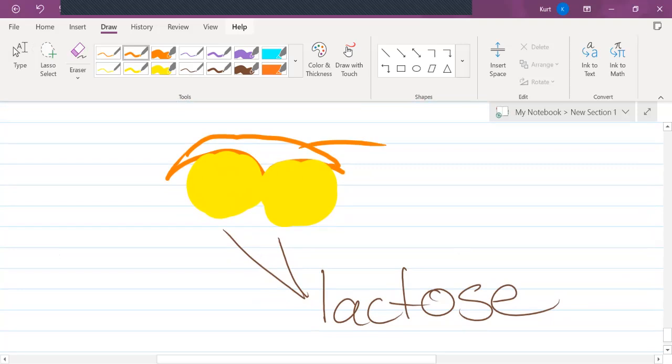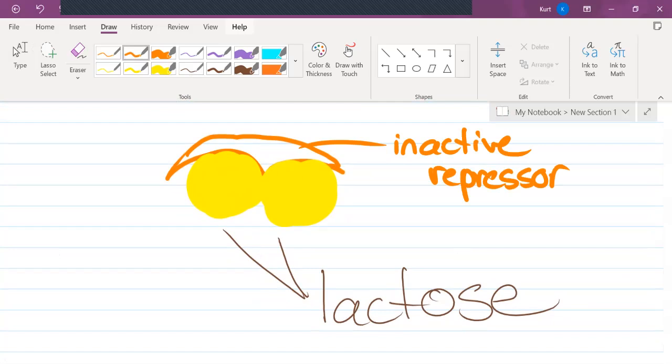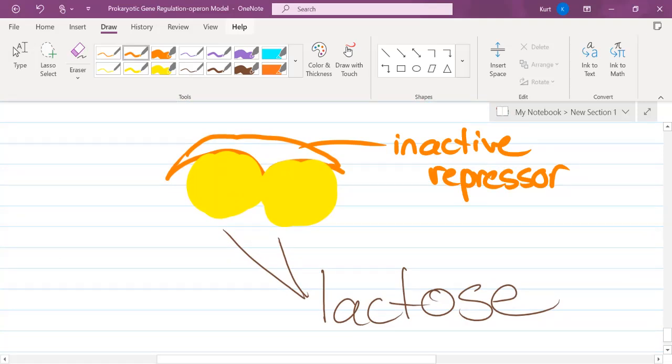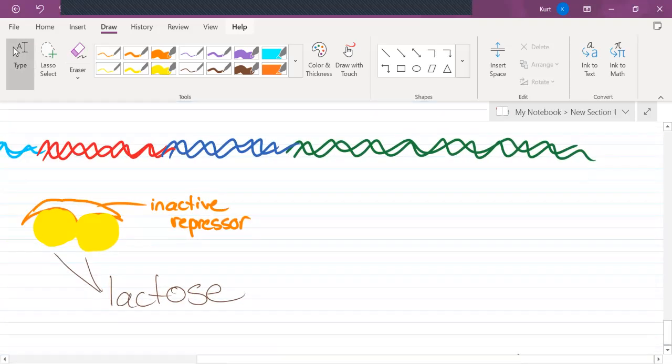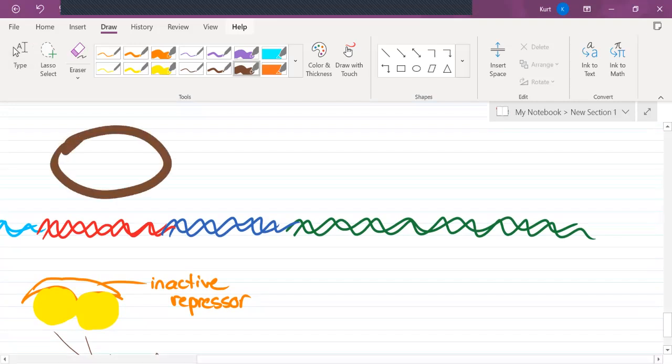It's inactive. What made it inactive? Lactose. Lactose fit into those binding sites and turned the repressor into an inactive form. So this person in which this bacteria lives probably just had a glass of milk or ate some ice cream. And now there's lactose in this person's digestive system. That lactose is going to adhere to the repressor and make it inactive, which is going to allow the operon to be turned on.